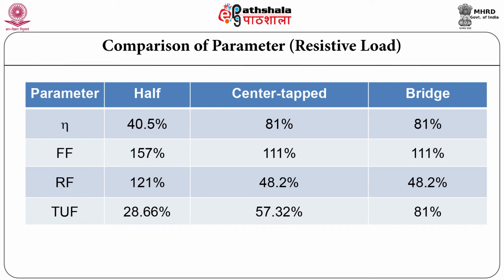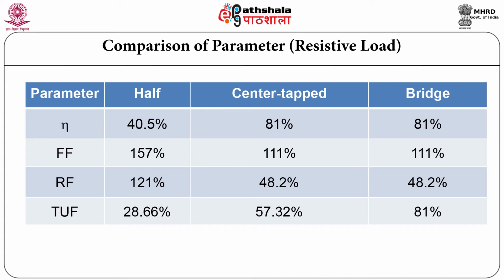The main difference is in transformer utilization factor. So, if we compare this, we will get it is around 28% for half wave, for center tap it is 57% and for bridge it is 81%. So, why do people use bridge rectifier?